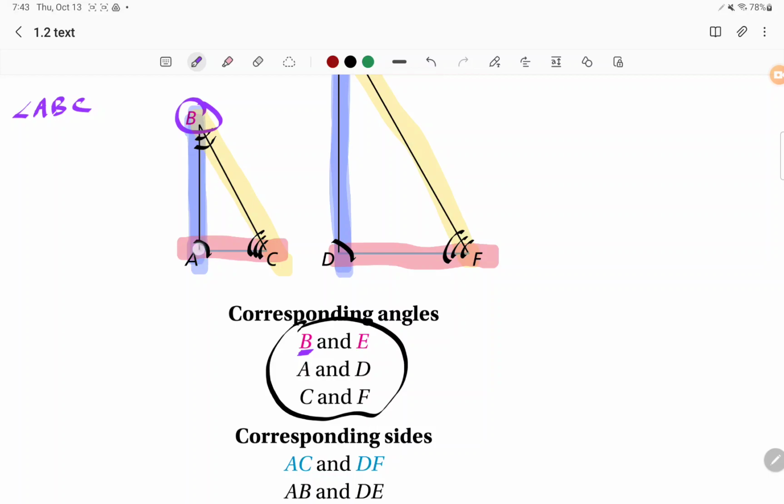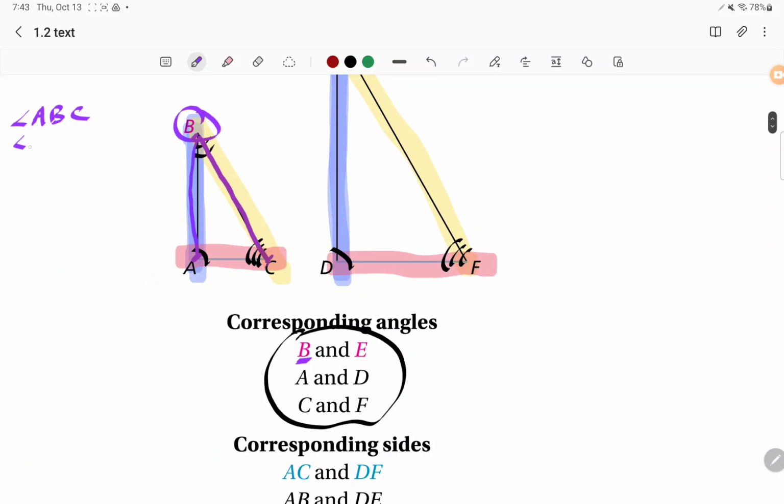So it goes from A to B to C. You notice B is your middle letter. That's very important. B is your middle letter. Another way to show angle B is to write CBA, where B is still your middle letter. So those are two ways to show angle B.